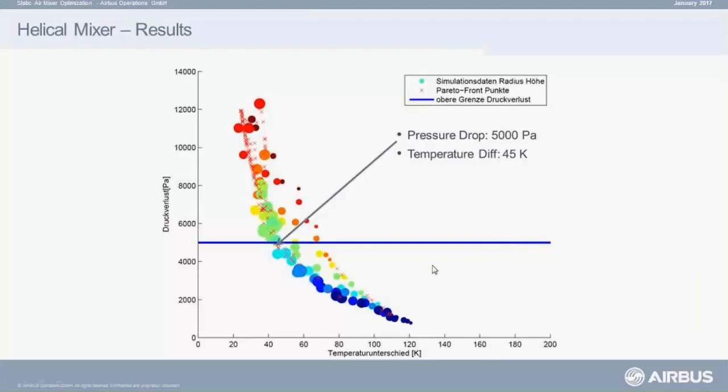As you can see in our optimization, we found that we could achieve a pressure loss of 5,000 pascals, and this target is illustrated here by this blue line. But we were not able to get the temperature difference lower than 45 kelvins.